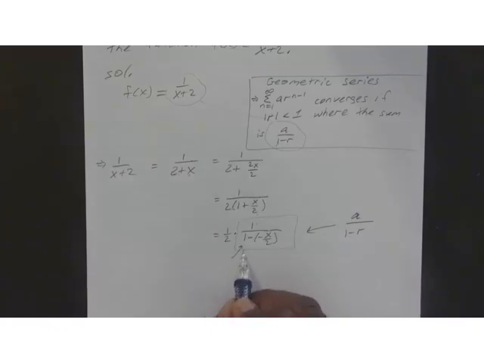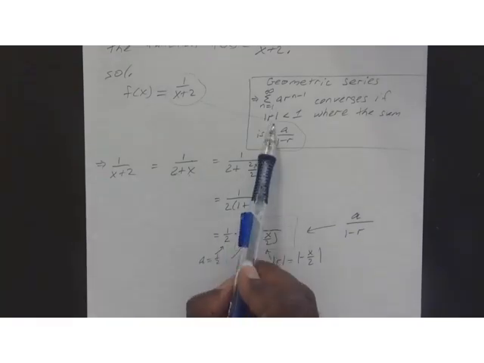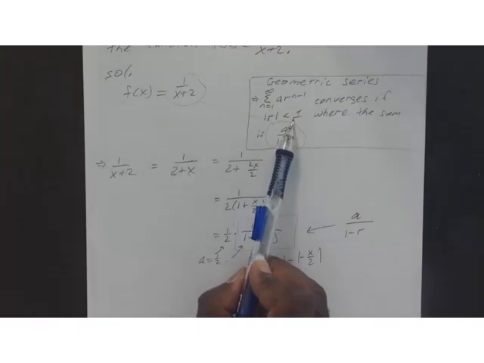So we can see here, a is equal to 1/2 if we bring it up top. And the absolute value of r is equal to the absolute value of negative x over 2. Remember, the condition was that the absolute value of r had to be less than 1.